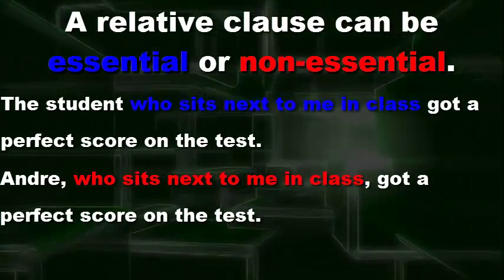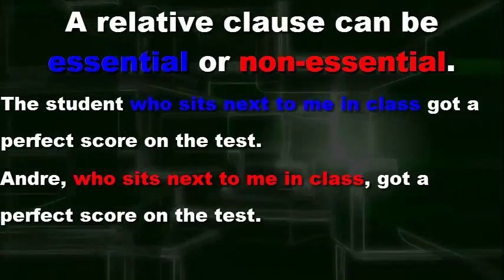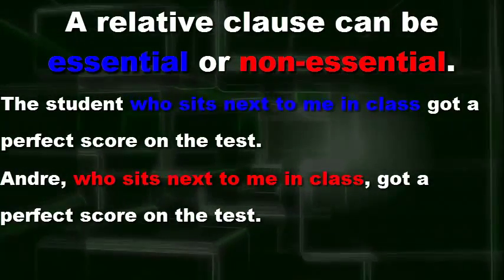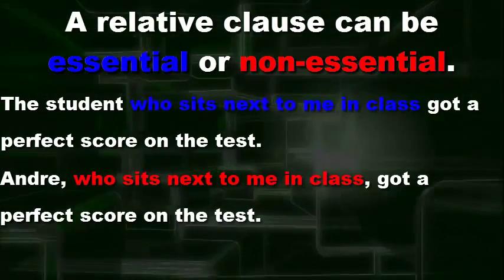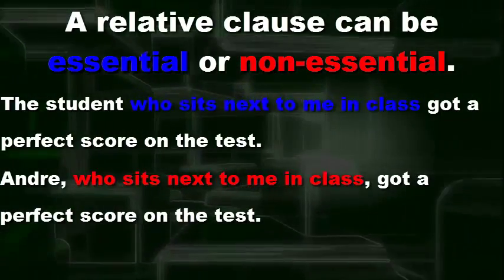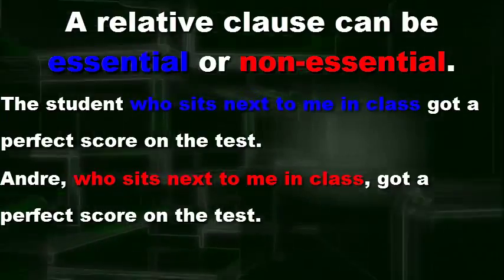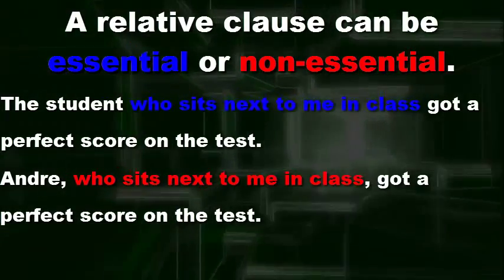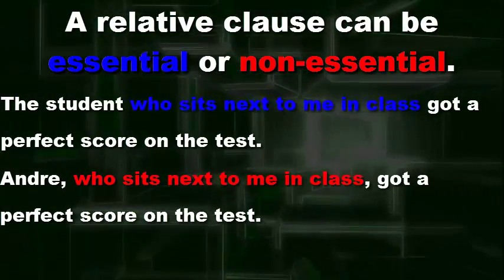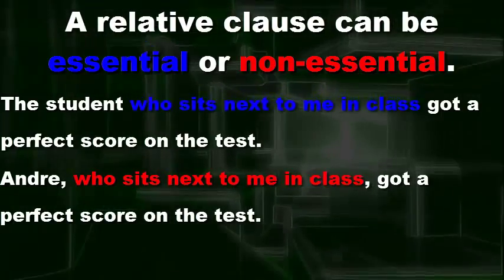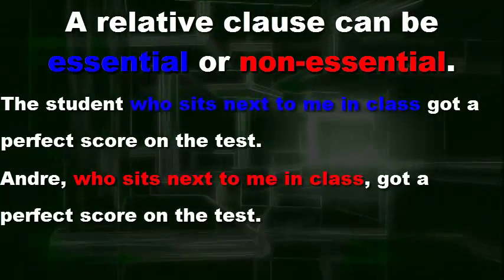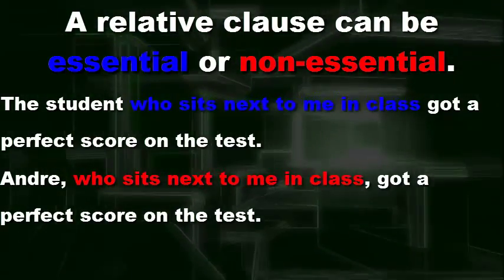The relative clause in this sentence is non-essential because the student who got a perfect score has already been identified. Notice that the non-essential relative clause is set off by commas, while the essential relative clause is not set off by commas.